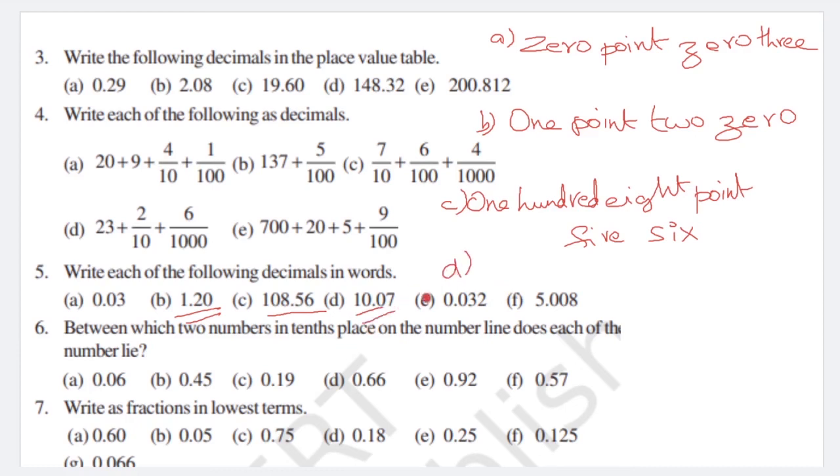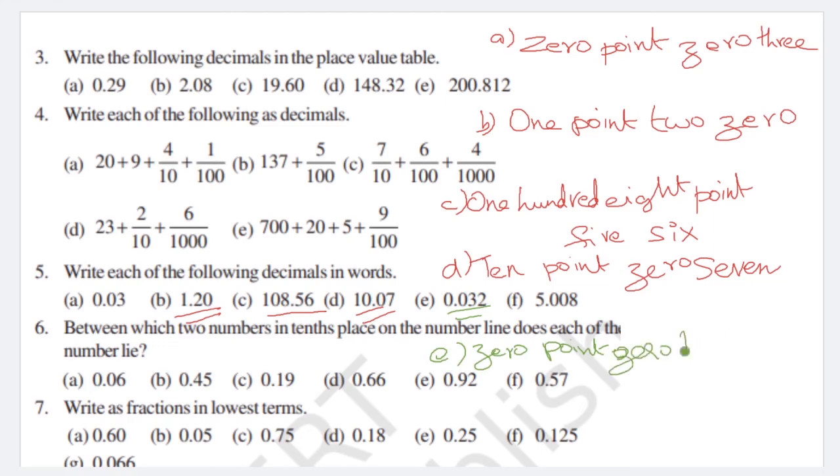Next one, 10.07. Next one is 0.032. The next one will be 5.008.